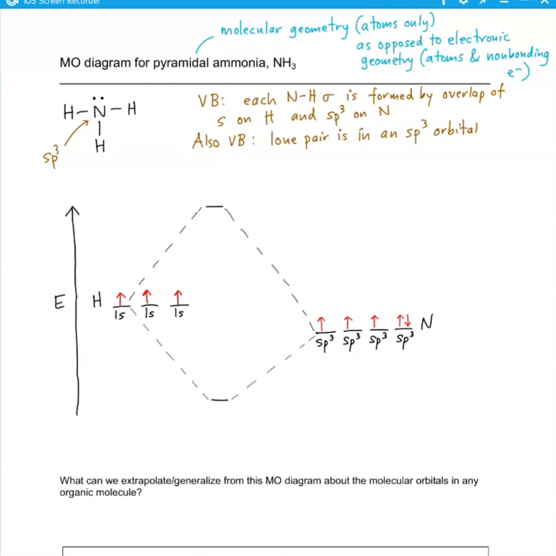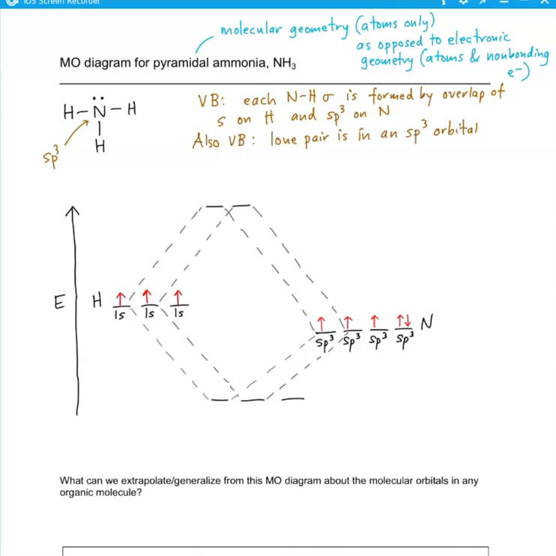Now I'll repeat that for the next sp3 s combination. So we first envision the in-phase combination of those 2 orbitals, and then the out-of-phase combination of the same 2 orbitals.